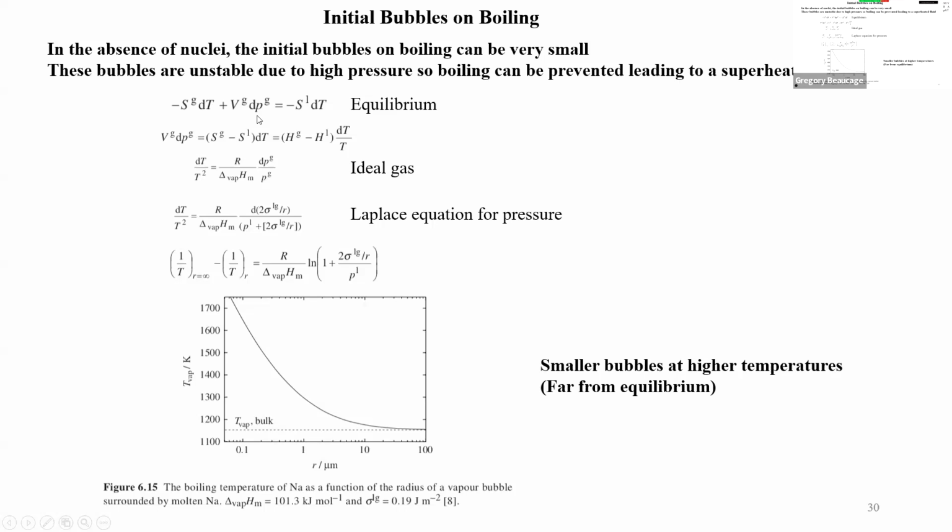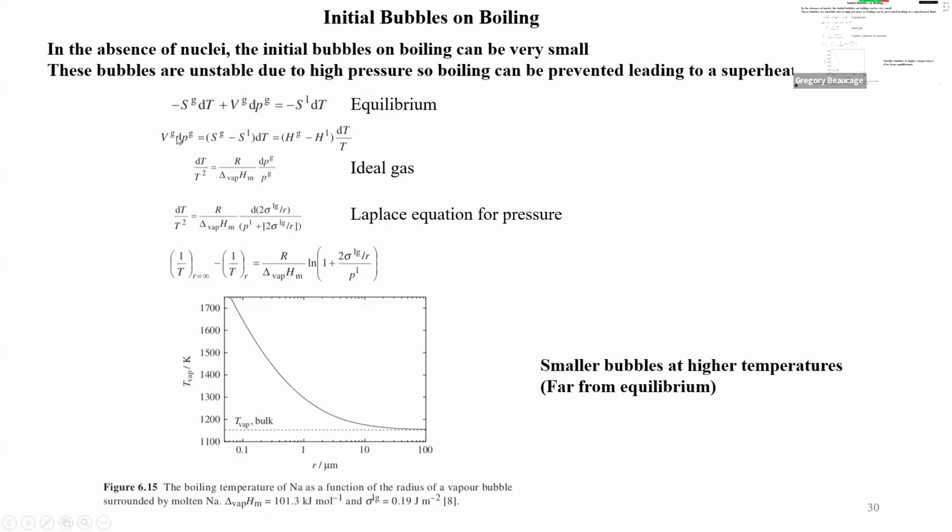And then for the liquid phase, it's incompressible, so this volume term drops out. So you just have that equals that, and then you end up with the delta S. Delta S is delta H over T. So you can substitute that and get delta H dT over T. And on this side, you have V dP.